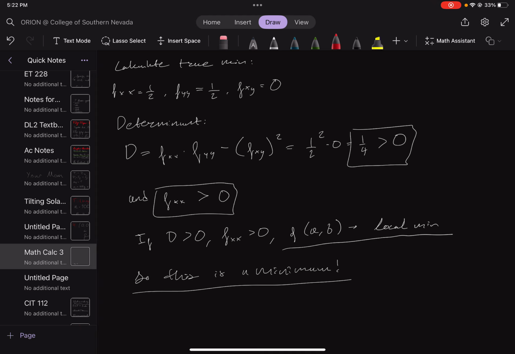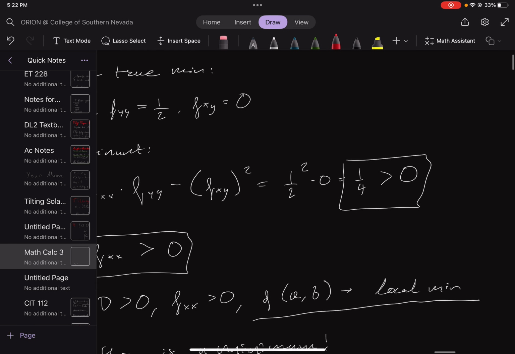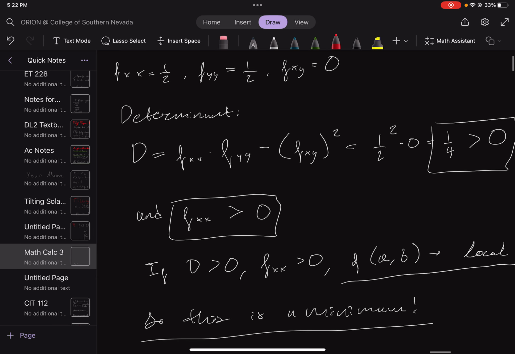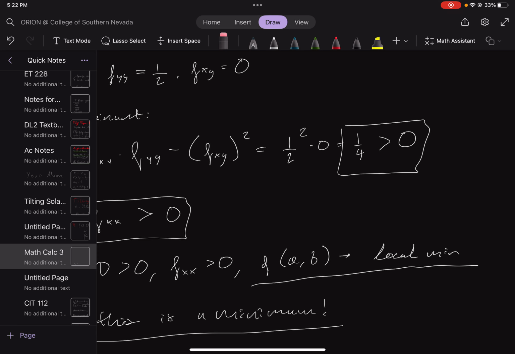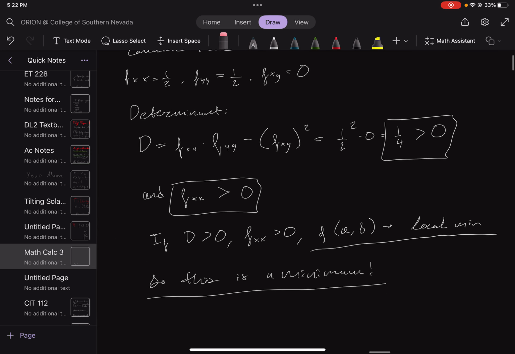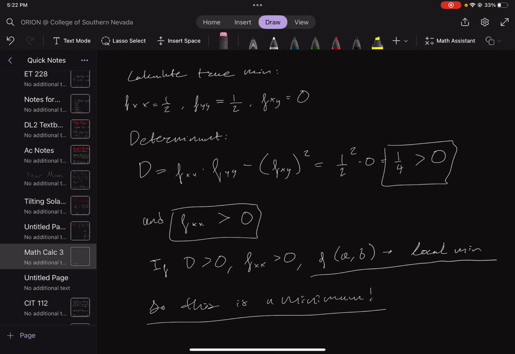When we do the determinant, we plug these in and literally get 1/2 squared minus 0, which is 1/4. 1/4 is greater than 0, and f sub x x is also greater than 0, because it is 1/2.